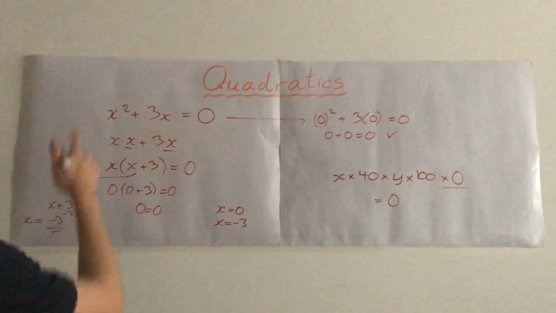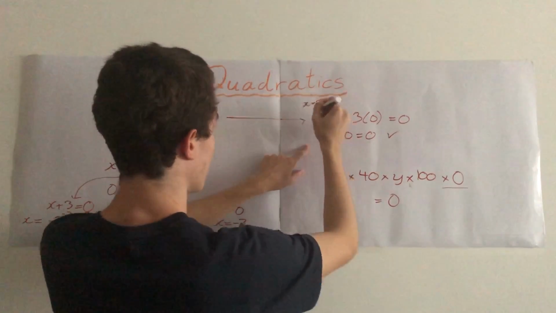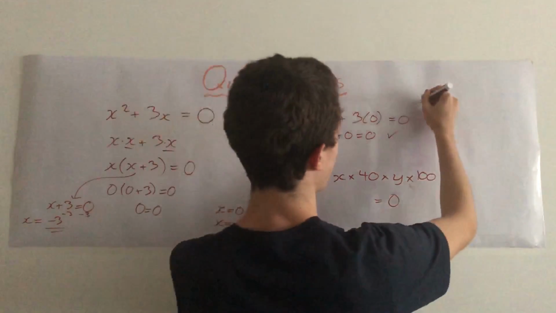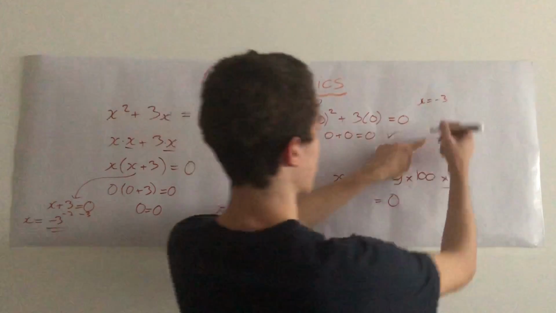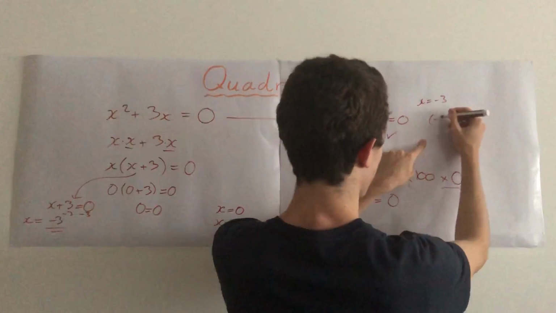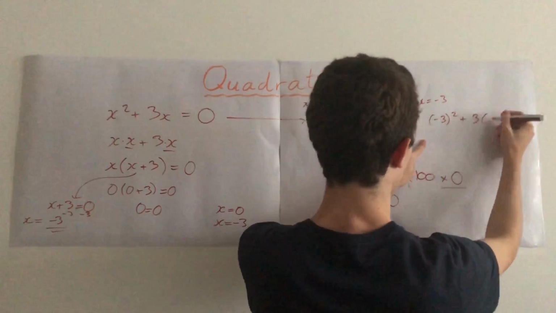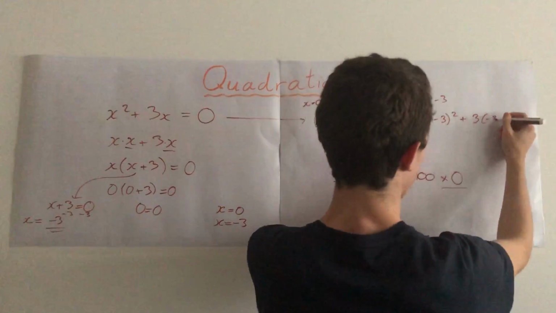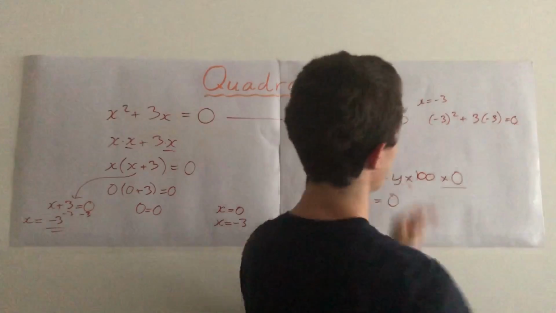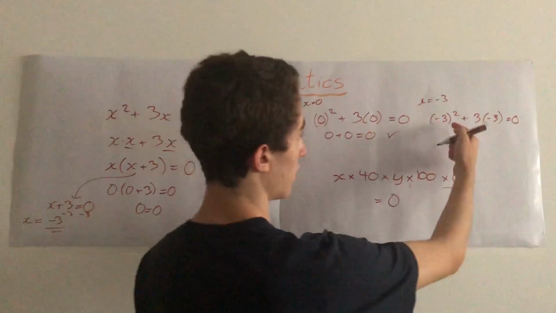Now let's check it for our second value. Oh, and let me make it very clear. When x equals 0, this happens. Now when x equals negative 3, let's see what happens. We have negative 3 squared plus 3 times negative 3 equals 0, right? Now let's evaluate this to see if this is true.